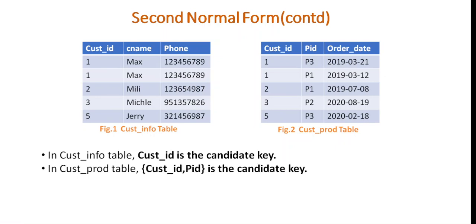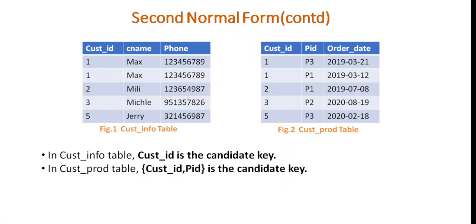Similarly, the second relation, figure number 2, is the cust prod table. In this table, customer ID and product ID is a composite candidate key, and the non-prime attribute is order date. This order date is dependent on both attributes. It is not dependent on part of the candidate key, not only on customer ID or only on product ID, but on the combination of customer ID and product ID.